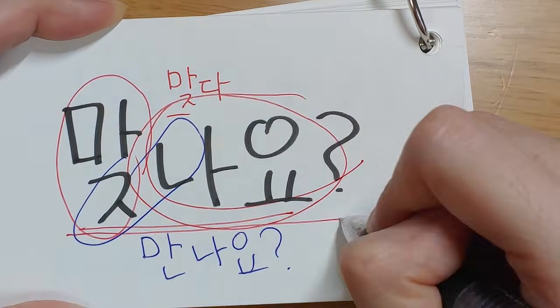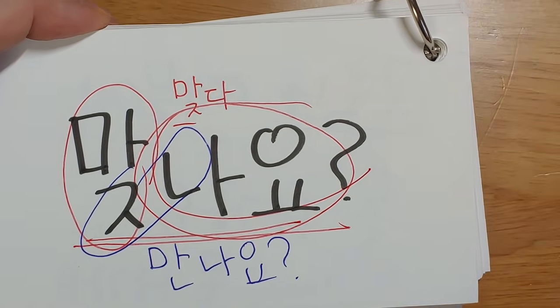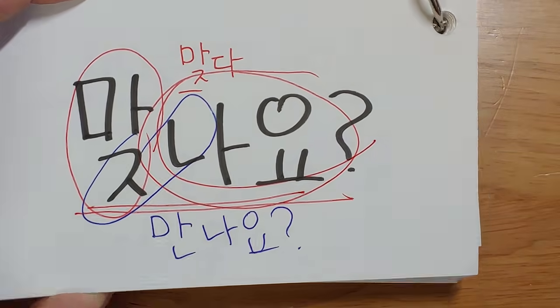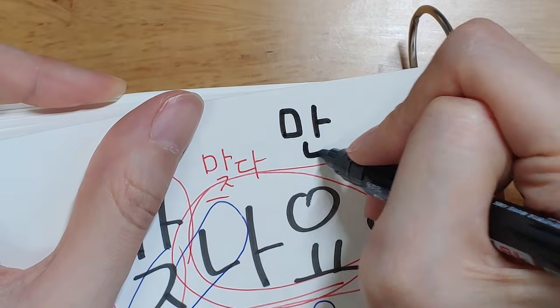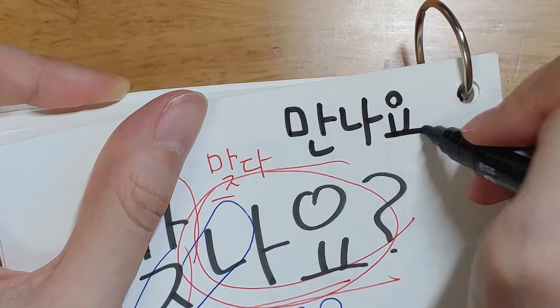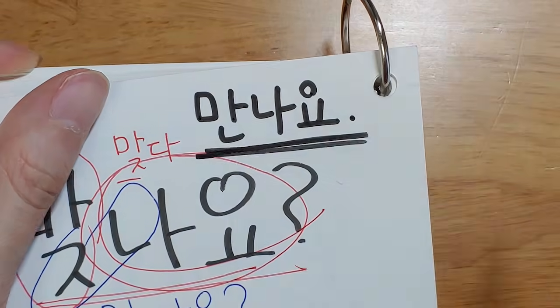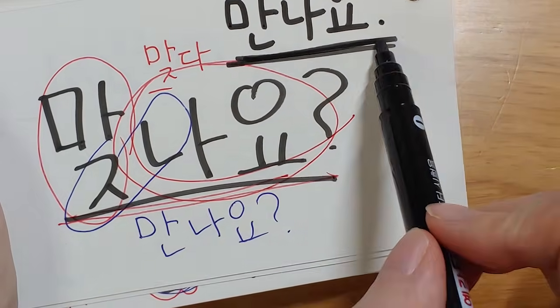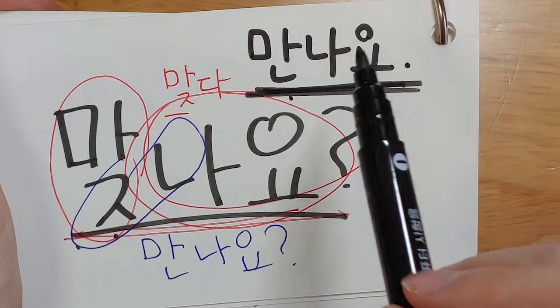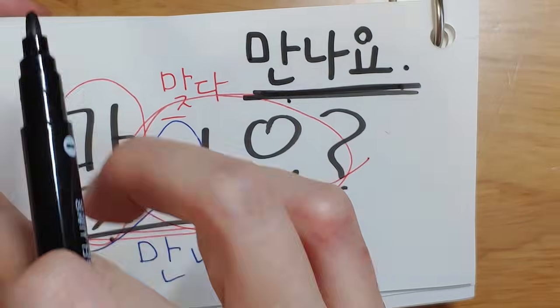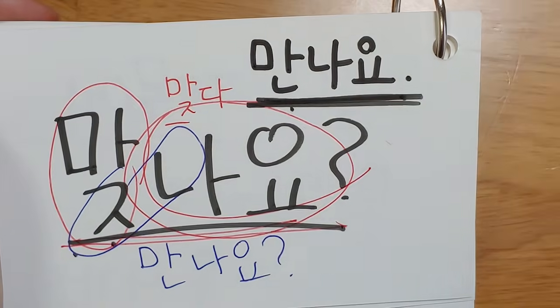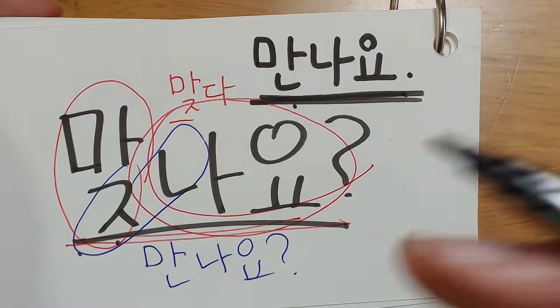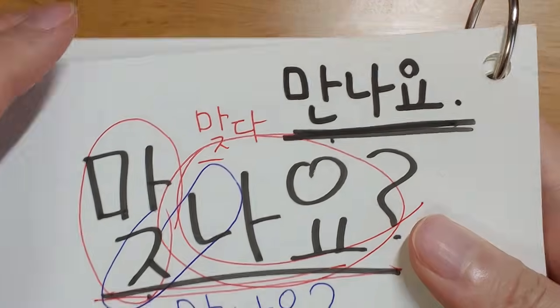So by saying 맞나요, it means am I right or is it right? 맞나요? So there is another verb, 만나요, which means meet. So 만나요 and 만나요, although they're spelled differently, they are pronounced exactly the same, right? And usually you can know which one is used by context in the sentence. So you don't have to worry too much about it.